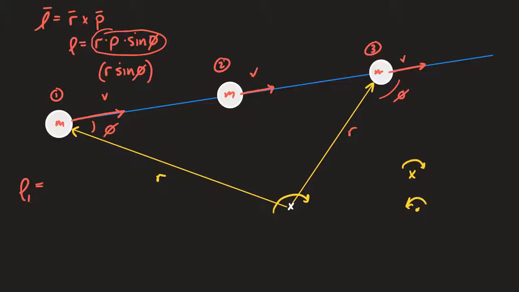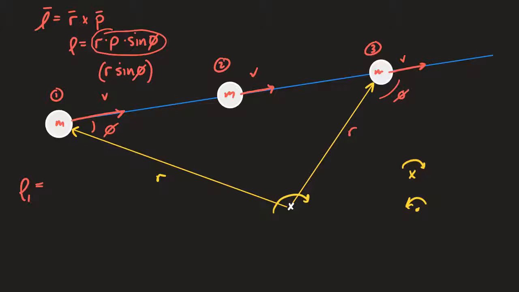Now, r represents this length right here. But when I multiply it times the sine of phi, I'm actually creating a right triangle that lives right there. If this were r and this were the opposite side, wouldn't sine phi equal O over R for that triangle?